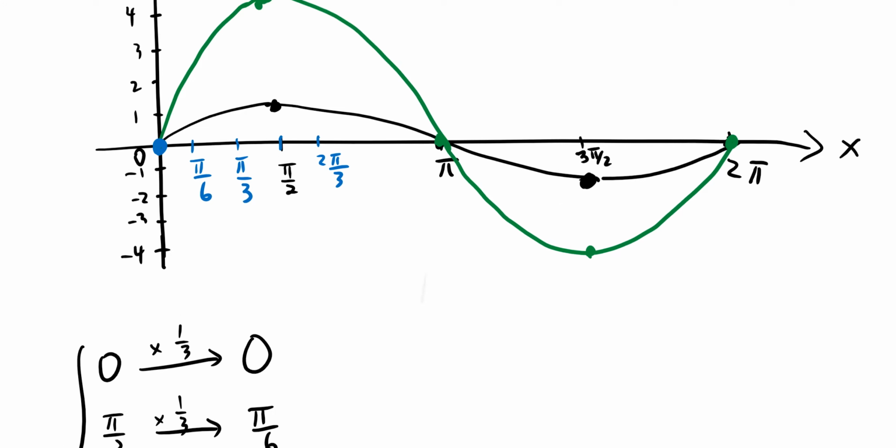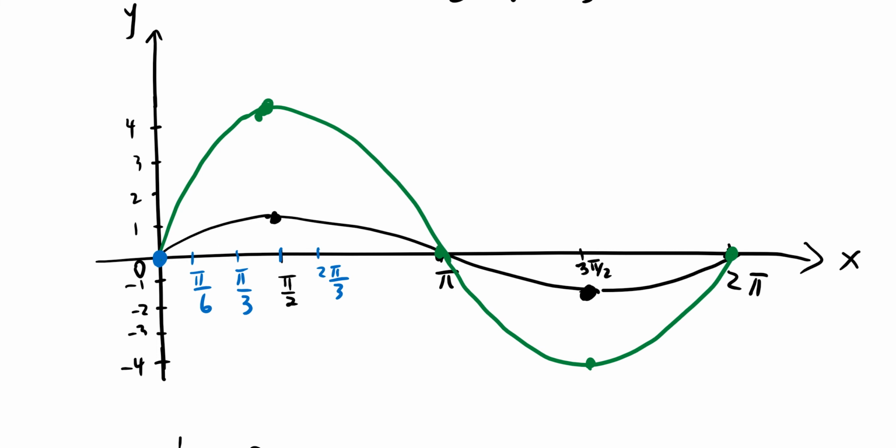Now for the first one, 0, 0 is going to stay the same. For pi over 6, basically what happened to the green dot right here is that it got compressed to the left side. So if you project it up, that's going to become here. The green dot up there is going to become the blue one. I'm just focused on the green graph now, not the black one anymore.